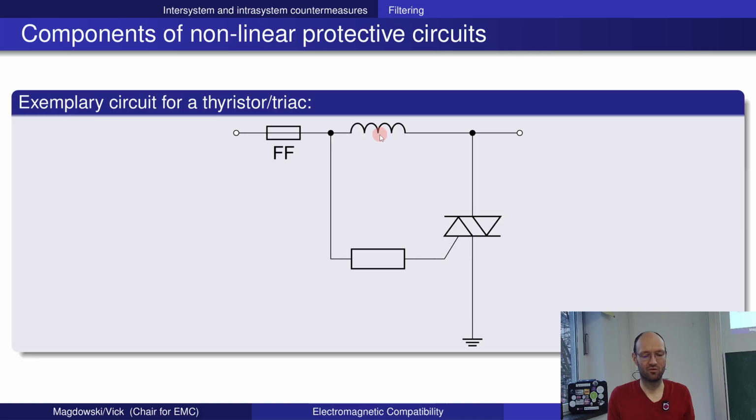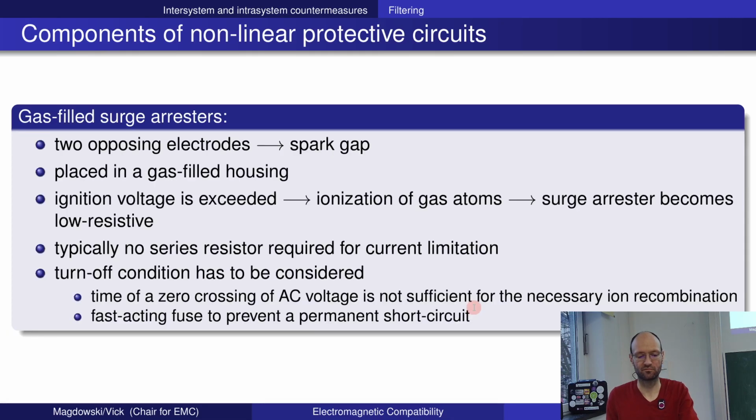And so the high frequency components of the disturbance cannot directly pass this inductor, and so they will then ignite the thyristor. This will get conductive, and will then dissipate the disturbance current of some switching pulse, of some lightning strike, of some surge pulse, something like this.